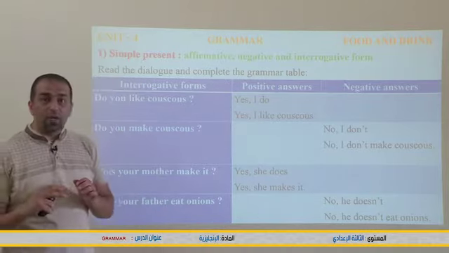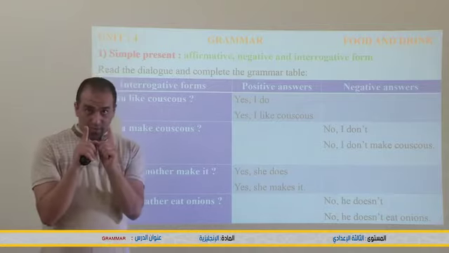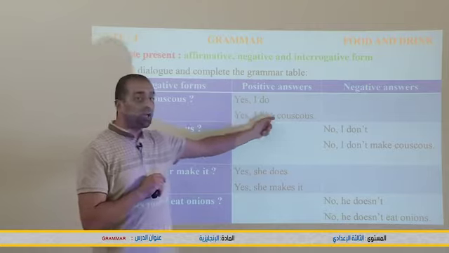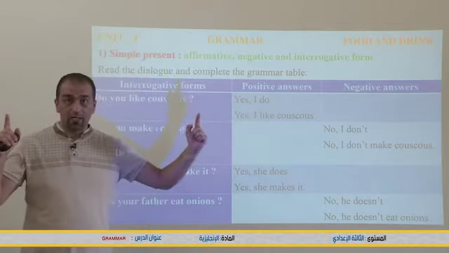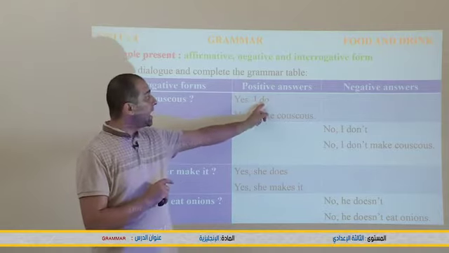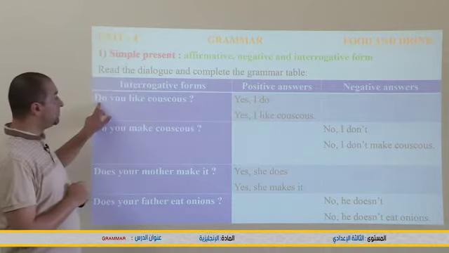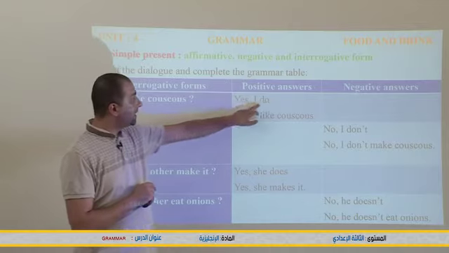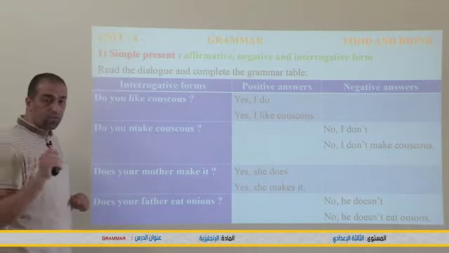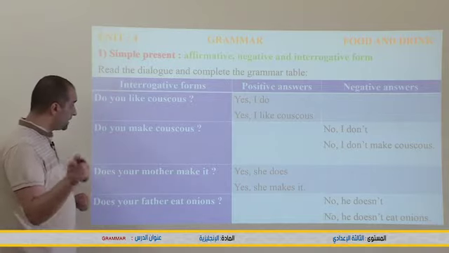And we have two kinds of answers, short answer and long answer. If we say, yes, I like couscous, it's a long answer. But if it is a short answer, we say, yes, I do.